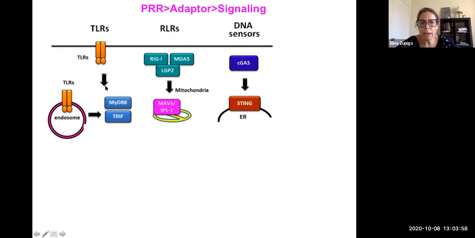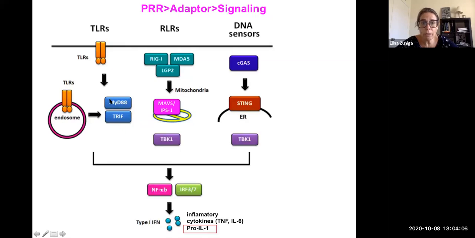They will all act through different adapters, and we learned these two, MYD88 and TRIF, used by some toll-like receptors, and they will lead to the activation of kinase cascades that include IKK and TBK1 kinases, and to the activation of NF-kappa B and IRF transcription factors.